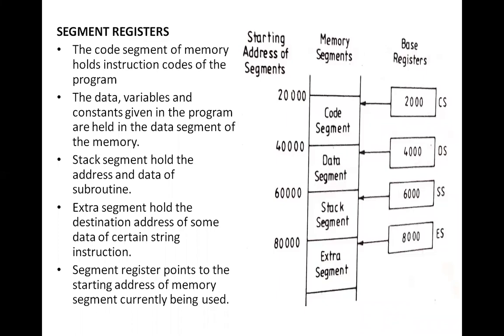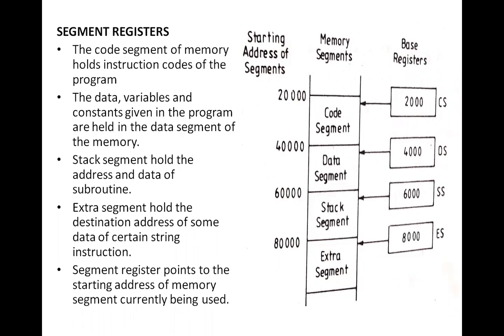But if we divide the total memory into different segments and allot a different segment to each user, suppose we have divided the memory in such a way that we are using 4 different code segments, and an individual code segment is allotted to each user, there is no possibility of a clash between the codes of the individual users.